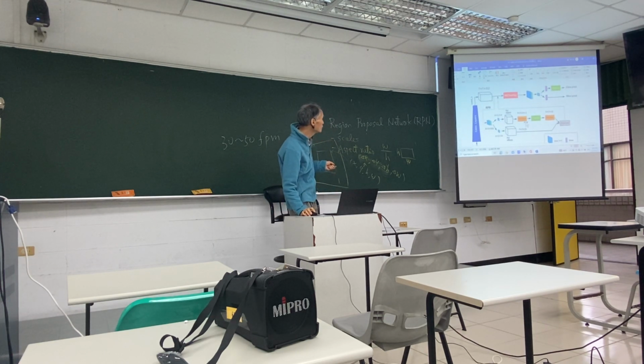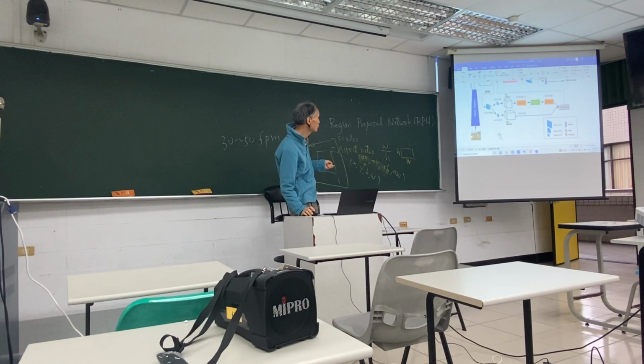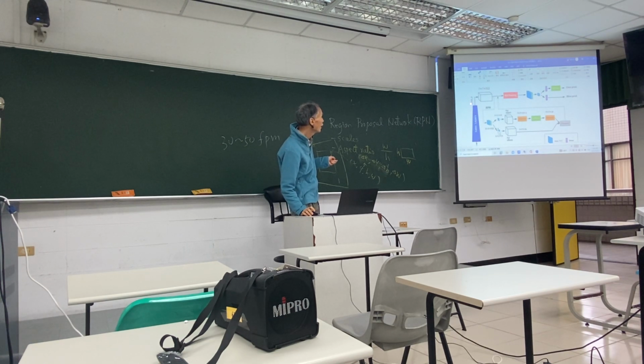And here I give you some more details. This is the input. This is the VGG baseline. And then finally, after the final convolution layer, you go for the RPN. Each point in the feature map is an anchor point.